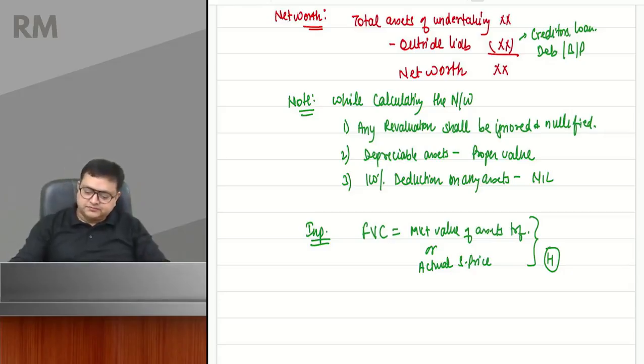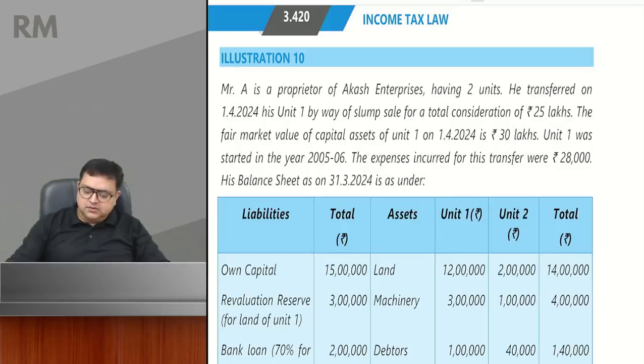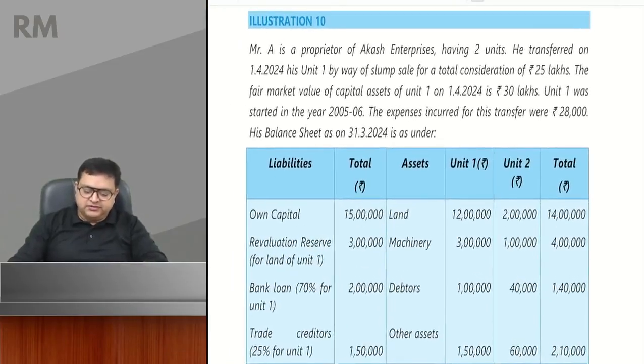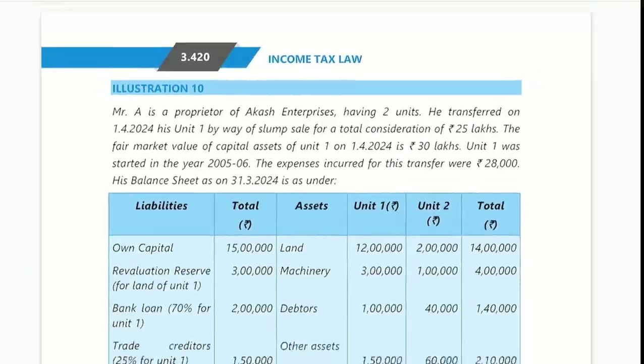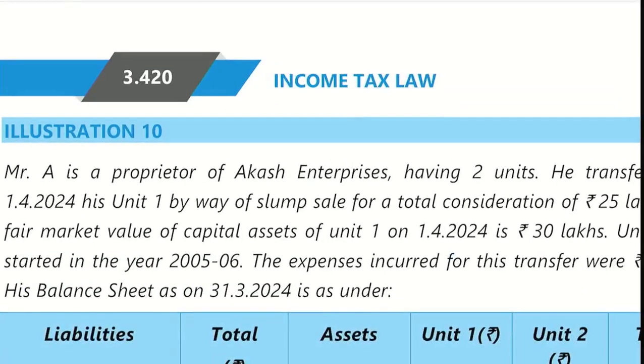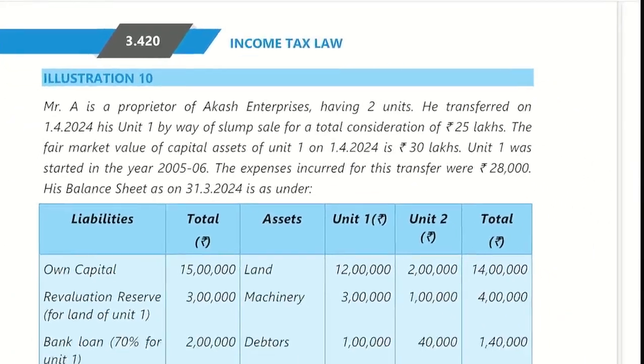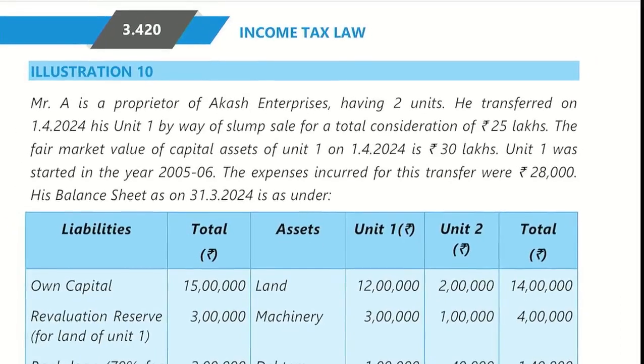Now, look at this question. This is from your study material only, page number 3.420. Mr. A is a proprietor of Akash Enterprises having 2 units.